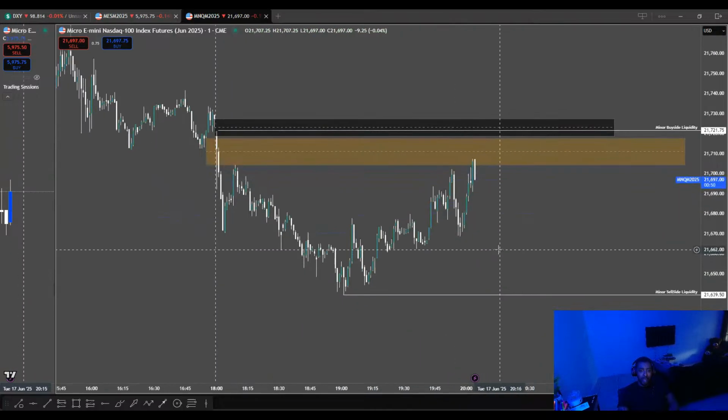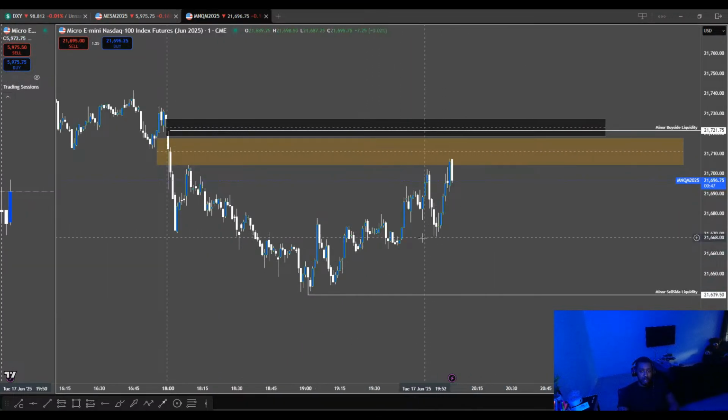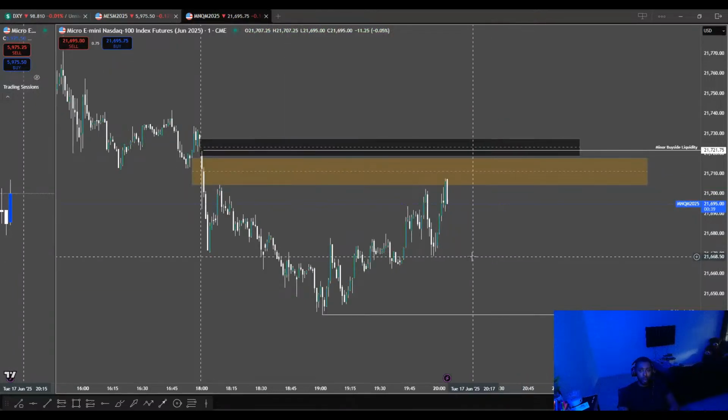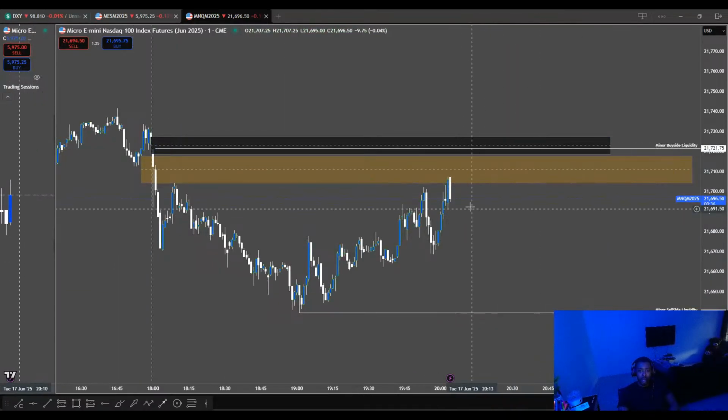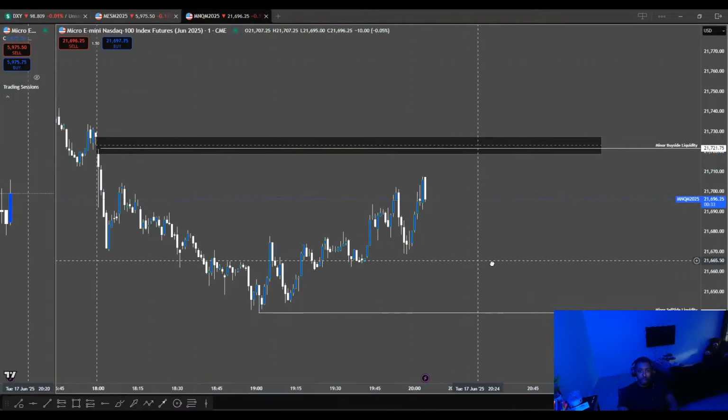Like I said, I would like a sweep on the lows, because look at this, super sweet. And our model hasn't formed yet. We're waiting for a sweep of the high or low to start engaging.